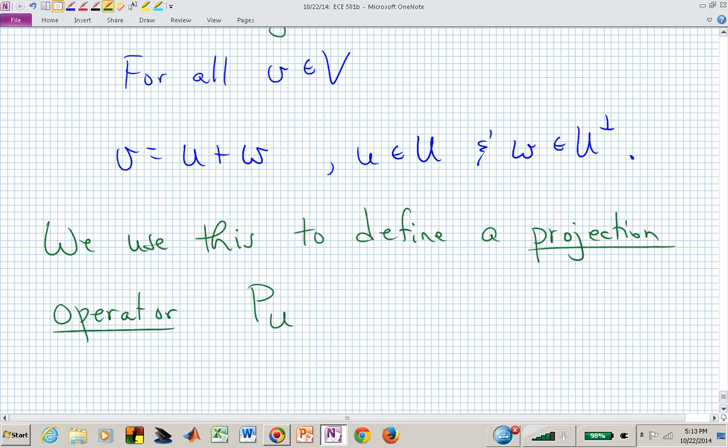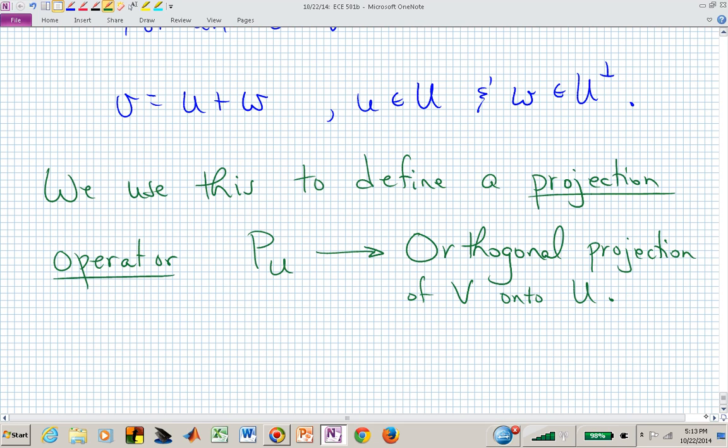Let's say capital P subscript U, where this now represents the orthogonal projection of V, anything in V, onto U. So we start with a vector in the vector space V, and now we can decompose that vector into a part that's in U and a part that's in its perp.